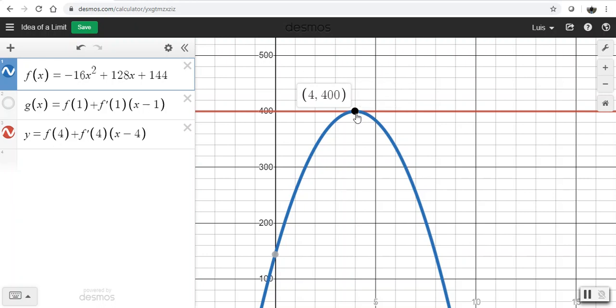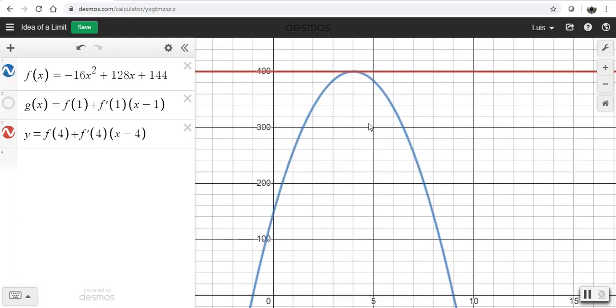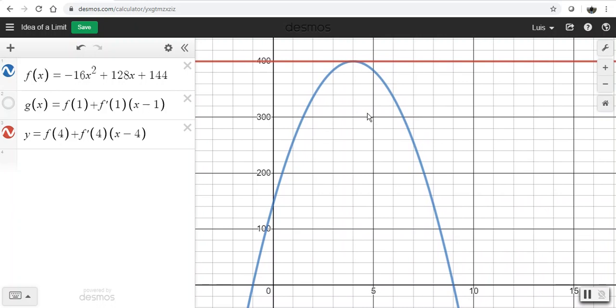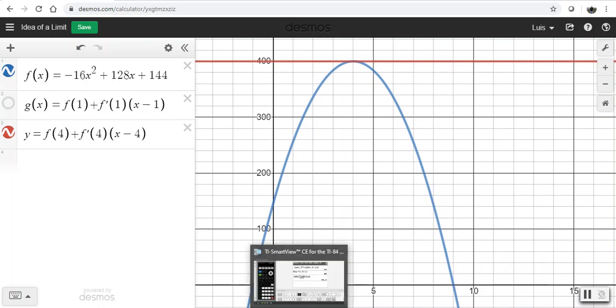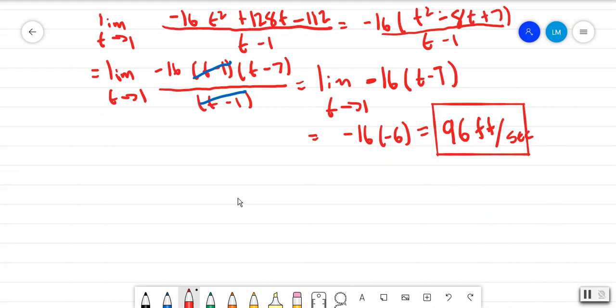From there it's just backtracking and plugging 4 back into this equation and simplifying, and then we'll get that the maximum height is 400. Okay, so that's the idea of a limit for how we look at equations and their average rates of change, or their instantaneous rate of change, or the instantaneous velocity.